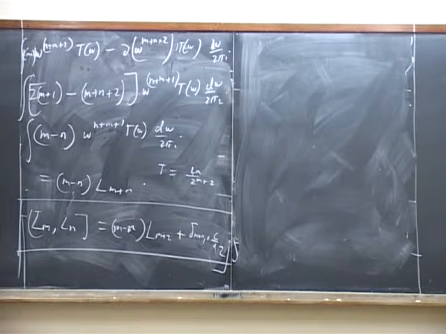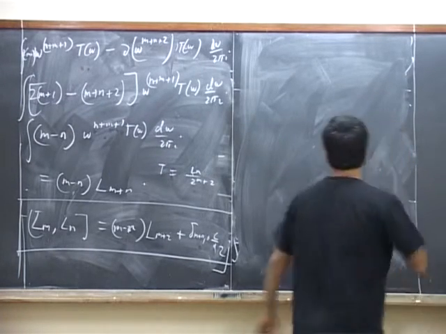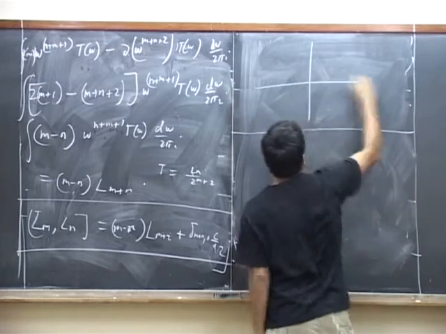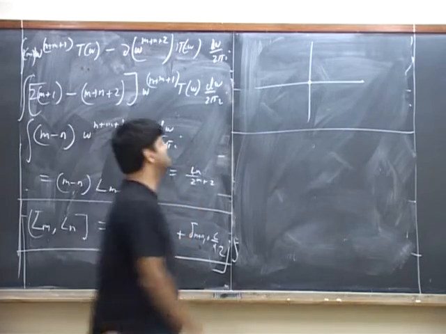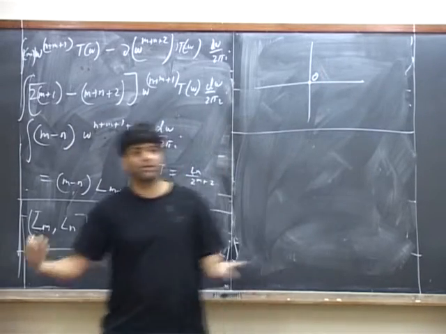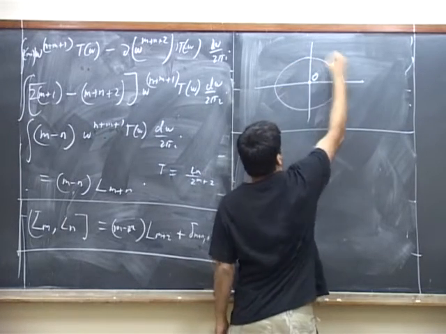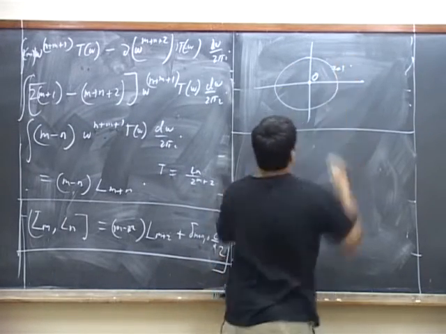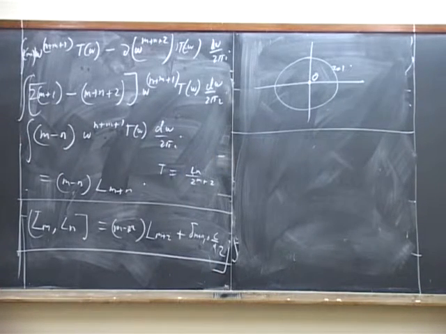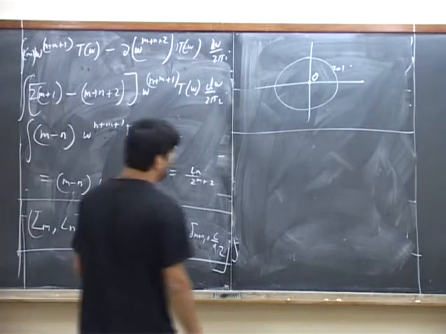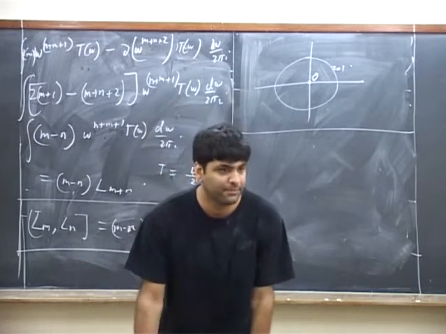Okay, how do I understand that? Well, remember what a primary state is. A primary state, by definition, is the wave function that is obtained by inserting a primary operator O at the origin and doing the path integral up to some point, let's say |z| equals 1, and we get some state. Fine. Okay, how do I now understand what I get when I act with L_m on the state?